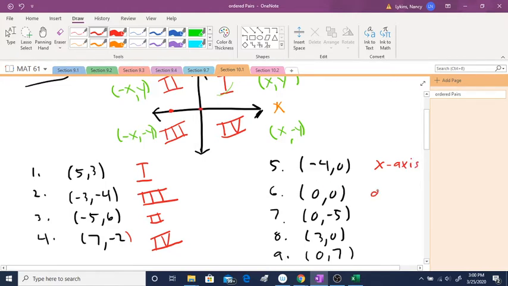We also call that the origin. (0, -5) is on the y-axis. (3, 0) may be right in here. That is on the x-axis. And finally, (0, 7) may be up here somewhere. It's going to be on the y-axis.